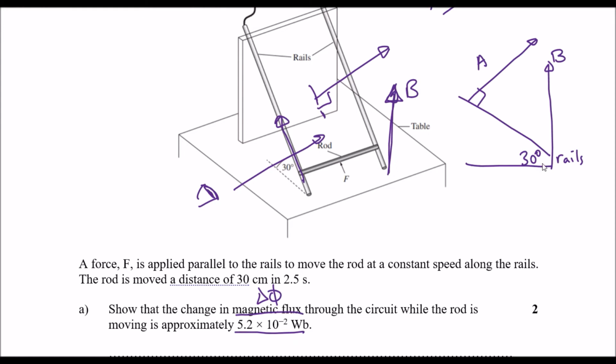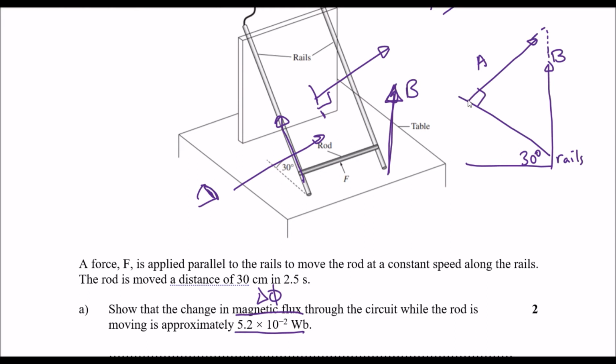Okay, so what we're trying to find is the component of this area vector. Okay, so this area vector component, we want to work out what quantity of this area vector is to our B field.